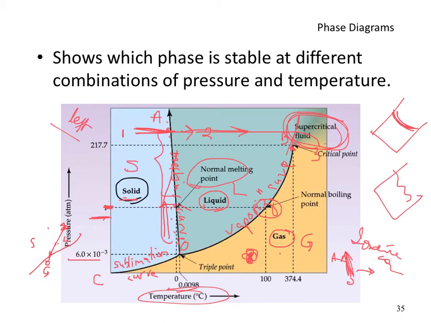So one can say that for those substances in which the liquid has a greater density than the solid, you're going to see a negative slope for the OA part. On the other hand, those that have a greater density of solids rather than liquids are going to show a positive slope.